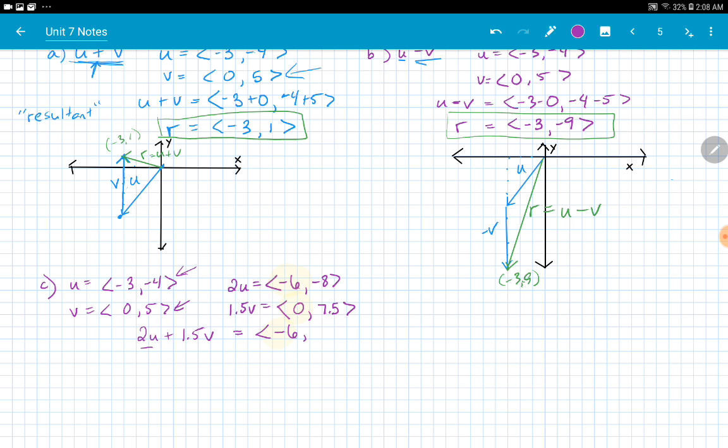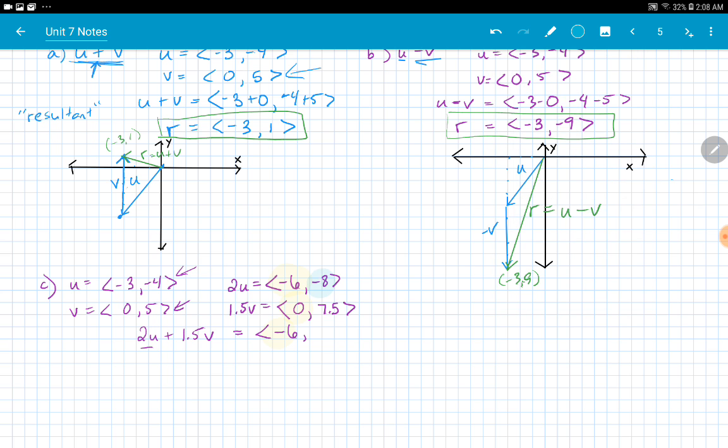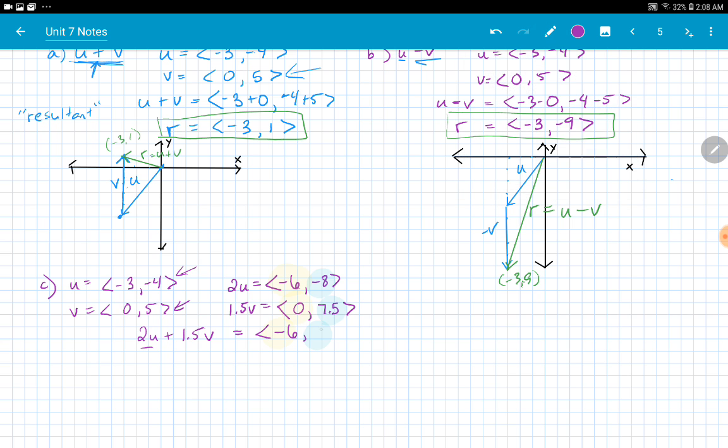Then my horizontal component is the negative 8 plus 7.5, which gives me a negative 0.5. So algebraically, this is what I get for my resultant vector.